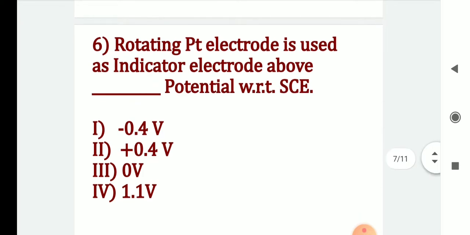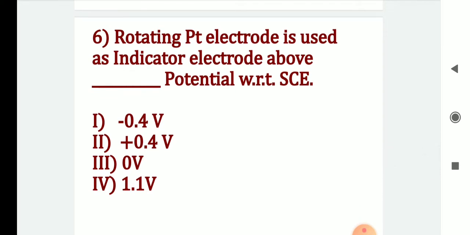On the positive side, it can go up to plus 0.4. But after 0.4 volts at the DME, the mercury will start getting oxidized. So there you have to use a rotating platinum electrode, and that is used above 0.4. That also has a limitation, it can be used only up to 1.1, but here the correct answer is plus 0.4.